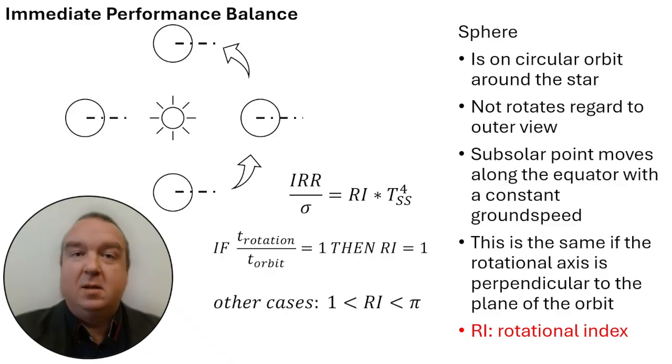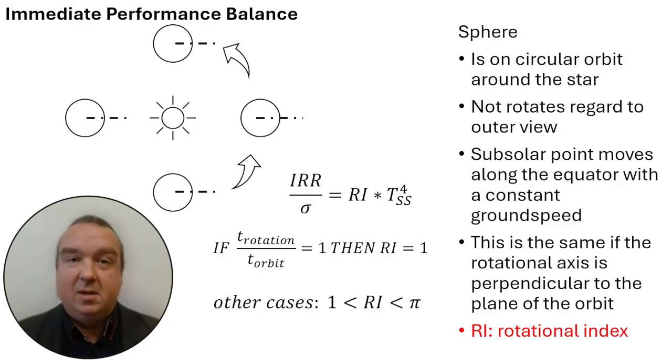In this case, if the rotation period and the orbital period are the same, then the subsolar point will be at the same point on the surface of the sphere, so the standard temperature model will be valid. In this case, the rotational index would be 1.